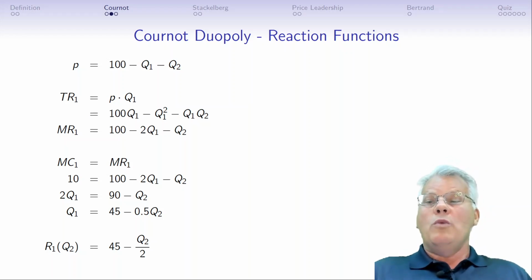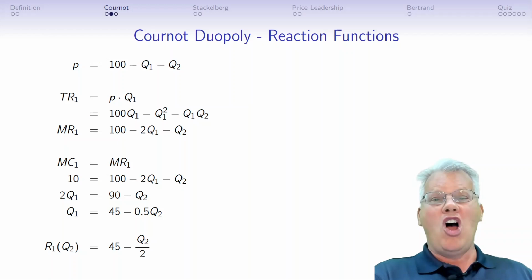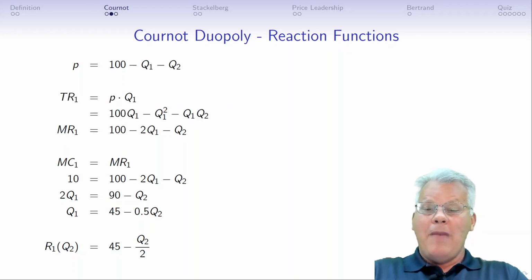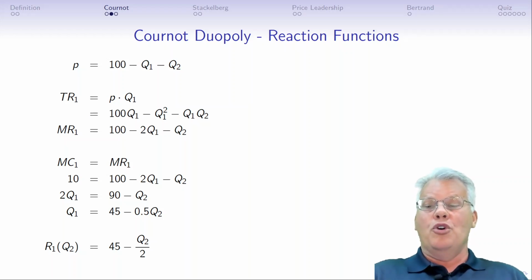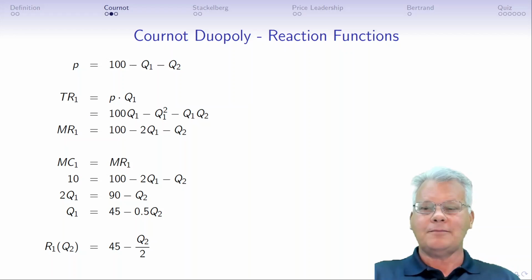So when we set firm 1's marginal revenue equal to firm 1's marginal cost, that defines firm 1's output. So when we make this equality, we'll rearrange the math to put firm 1's output on the left-hand side, because setting firm 1's marginal revenue equal to firm 1's marginal cost defines firm 1's output.